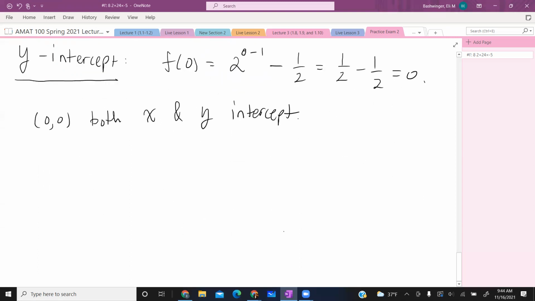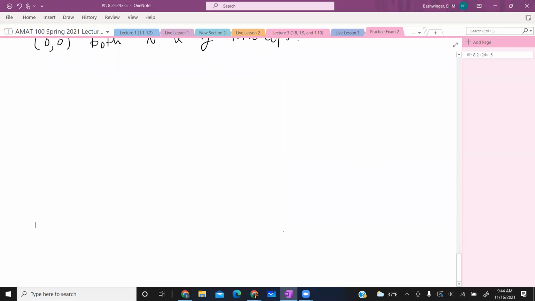And then to get the horizontal asymptote, let's just recall the graph of 2 to the x itself. 2 to the x looks something like this. Remember, this is the general form of basically every exponential.